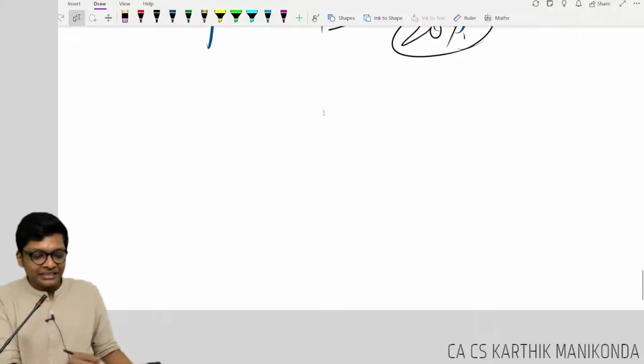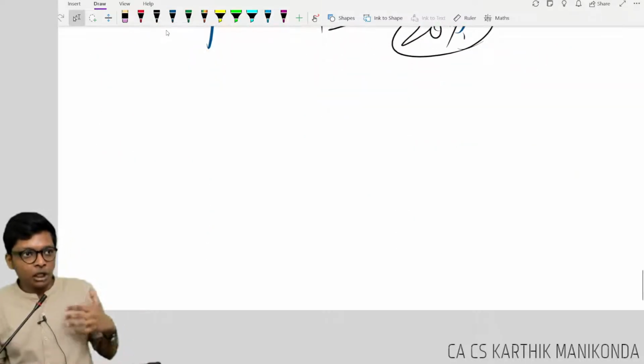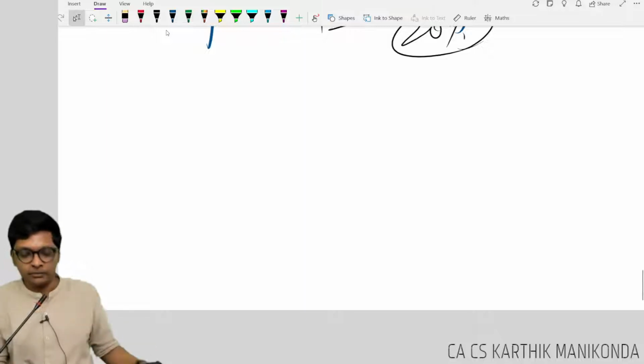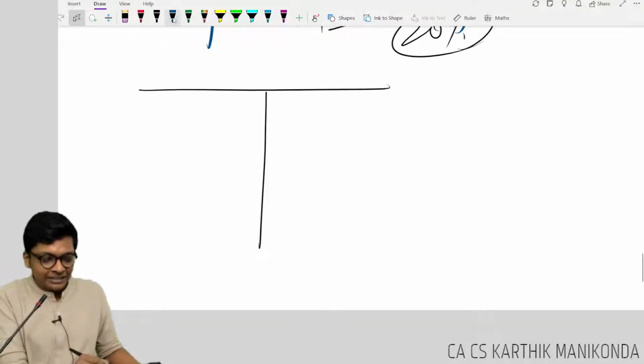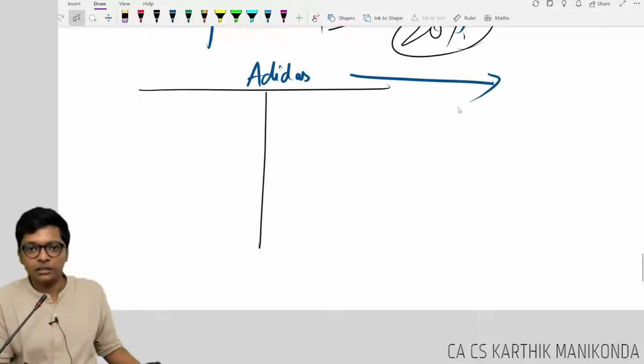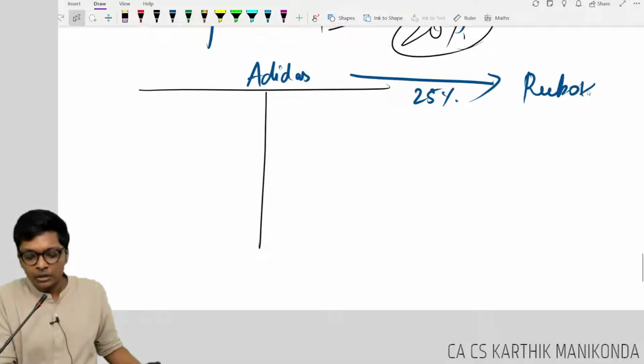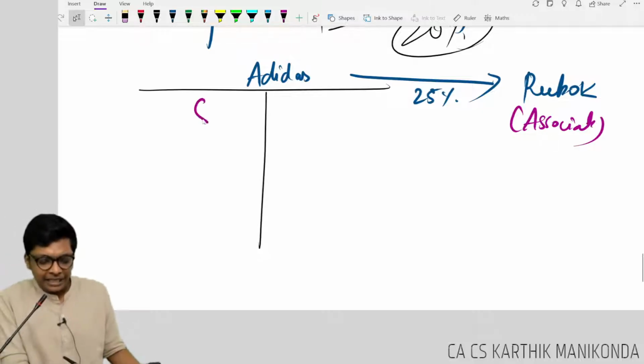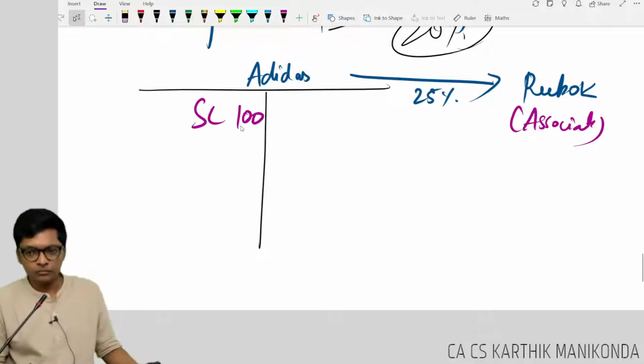So here the standard provides for a new method for accounting. That means, let's say, for example, Adidas has invested 25%, let's say, in Reebok. Reebok becomes associate of Adidas. Share capital, let's say, is 100.